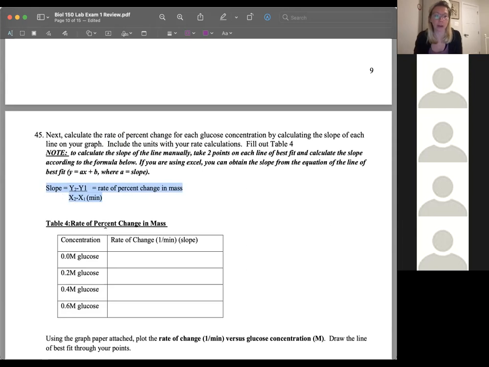And if you are calculating it by hand, the slope is going to equal the change in the y variables divided by the change in the x variables. So basically, to calculate slope, you would need to pick two data points on one of the lines of your graph, and then use the XY coordinates of the data points to get your slope.